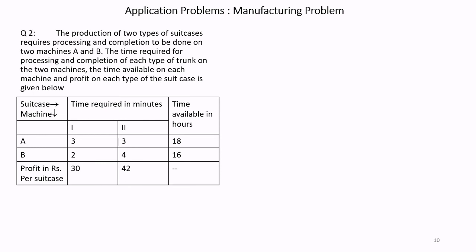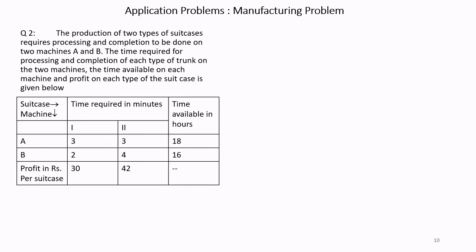So the suitcase is on the horizontal side and the machine is on the vertical. For type 1, machine A takes 3 minutes, and for type 2 it takes 3 minutes.